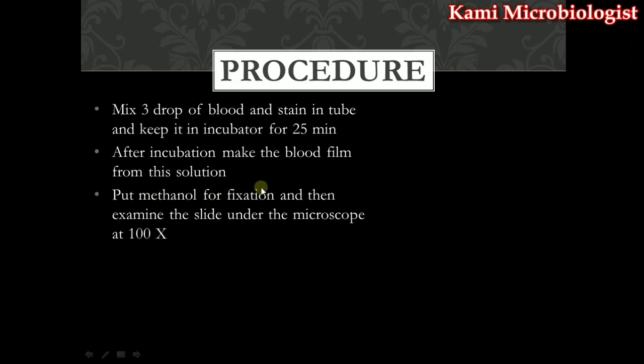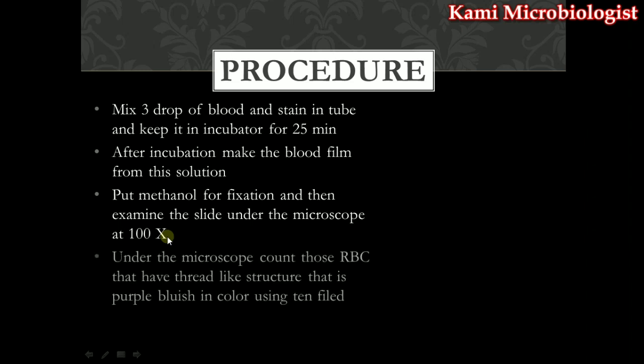Once the methanol is put on, we have to examine it under the light microscope, and as we are making the blood film, obviously we make it on a clean and dry glass slide. After that we will focus the microscope on 40x, and then we will visualize the cells under 100x.